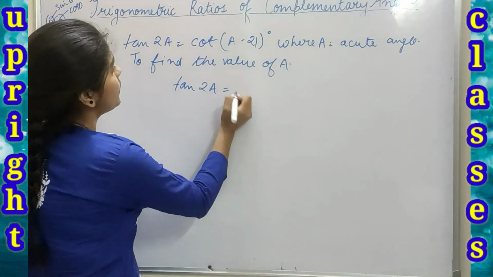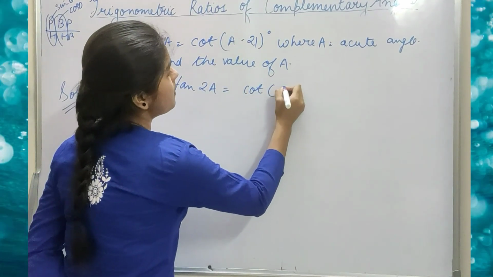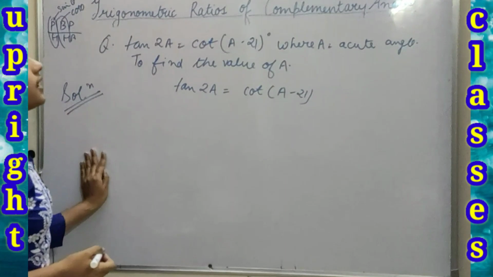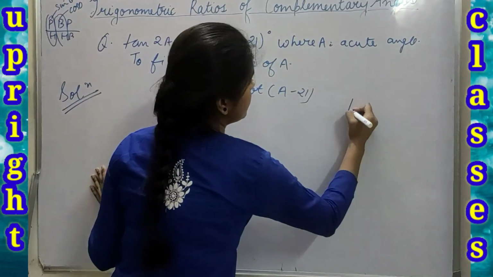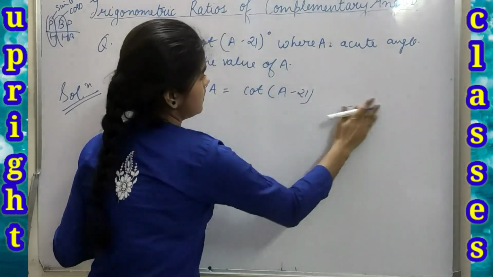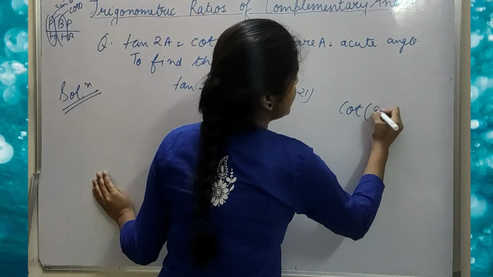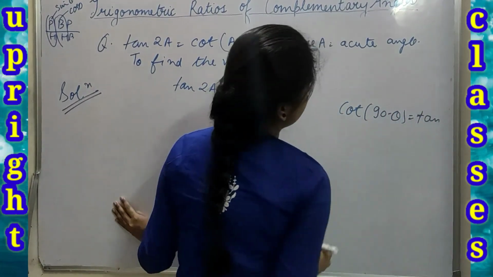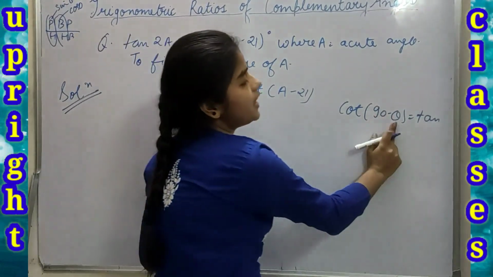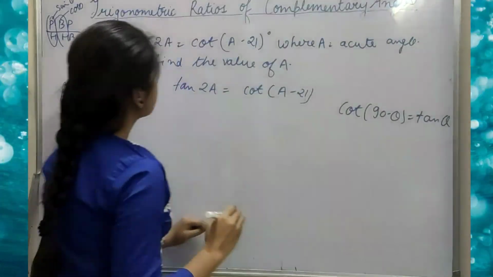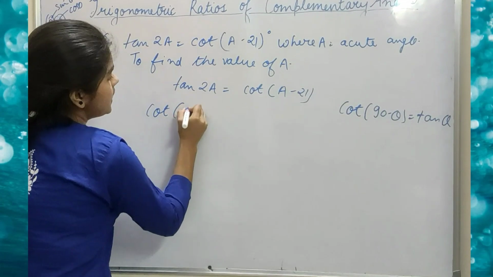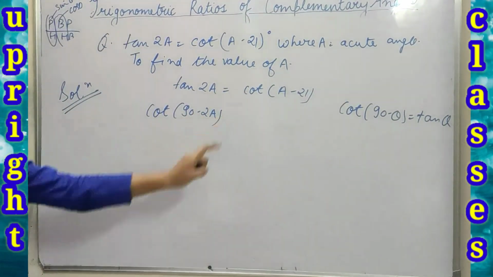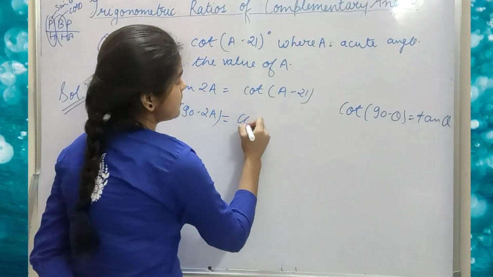Let's write tan 2A is equal to cot of (A minus 21). Okay, now we already know that cot of (90 minus theta) is equal to tan theta, so you can write cot of (90 minus 2A) instead of tan 2A. Yes, of course you can write it as this.